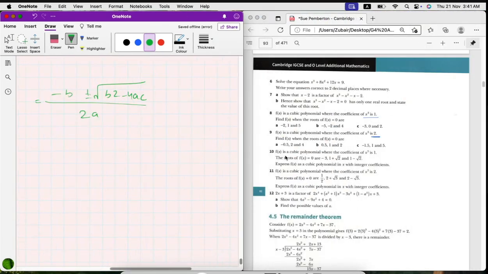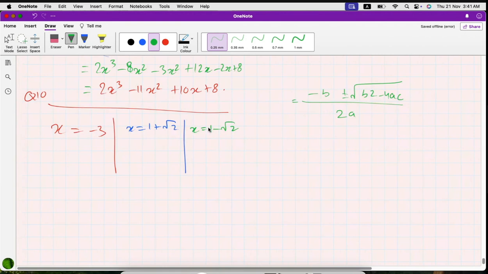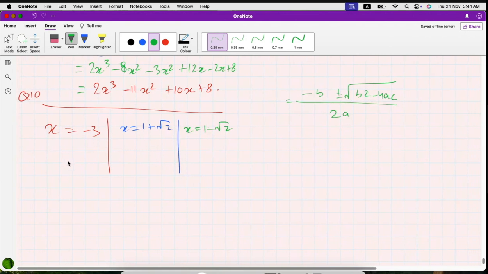This was the f of x is a cubic polynomial with the coefficient of x cube as 1. So x plus 3, and we take the roots on the other side. This is x minus 1 minus square root 2 into x minus 1 plus square root 2.